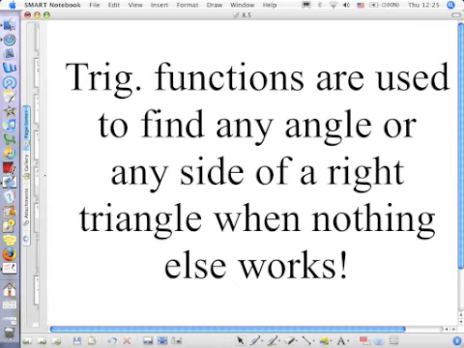Well, we've got trig. Our trigonometric functions of sine, cosine, and tangent are our last resort, which means you need to get it in your head that the first thing you try is the Pythagorean theorem. If that doesn't work, is it a special right triangle? If that doesn't work, we're going to use trig.